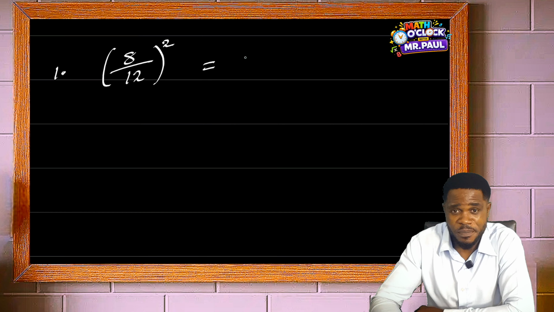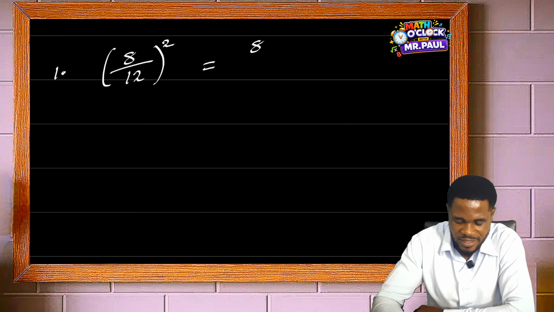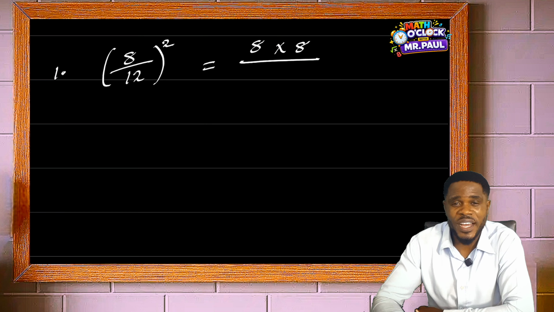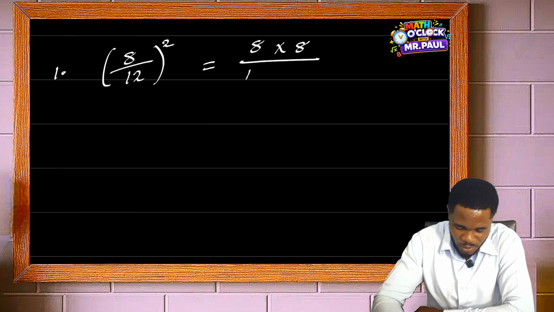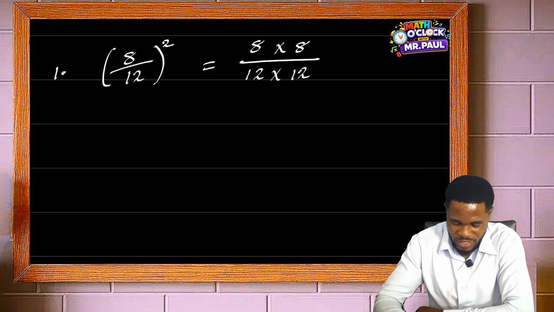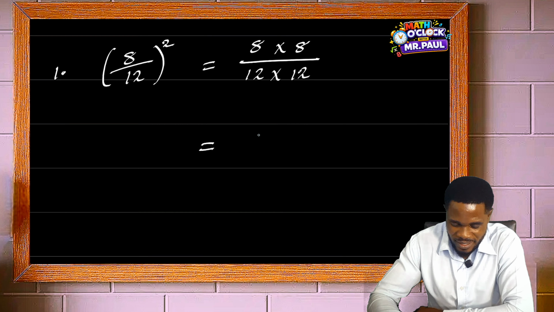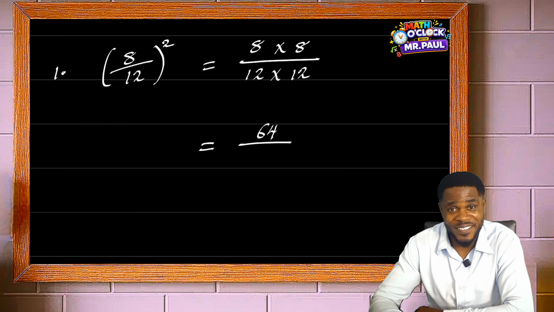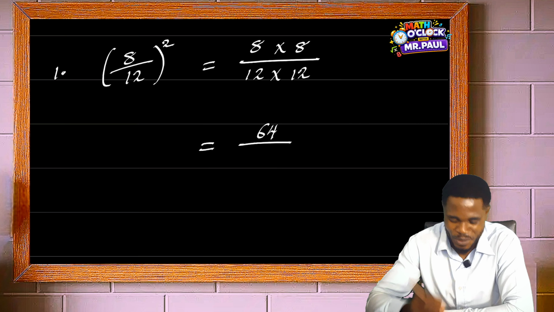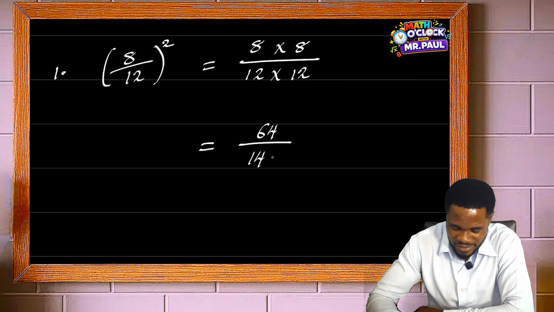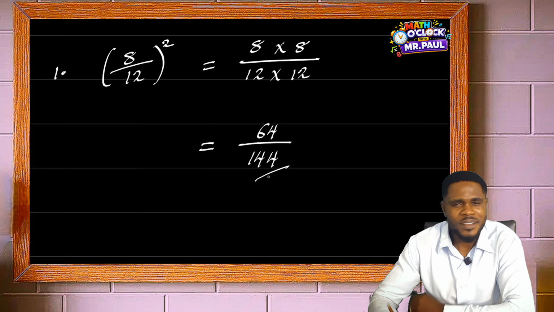So this is going to be 8 times 8, all divided by 12 times 12. Do you get it now? Okay, so 8 times 8, what will that give us? Of course, we all know it's going to be 64, all divided by 12 times 12, which is going to give us 144. You are correct. So we have 64 over 144. Our job is done.